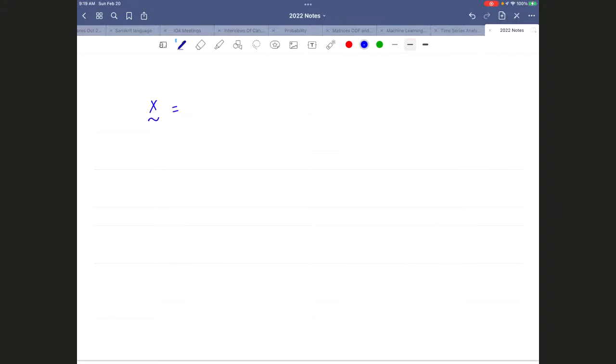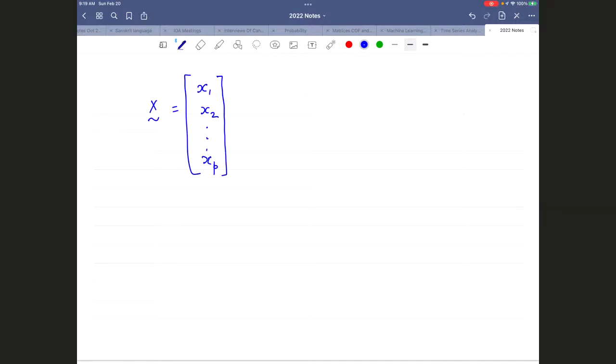I'm sharing my screen. You're able to see this, right? Yes, I can see that. The variables are X1, X2, dot, dot, dot, XP. We have introduced this notation before in linear regression.